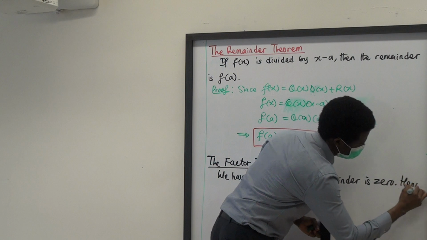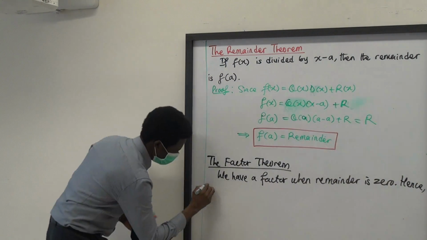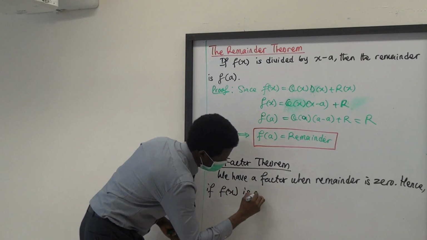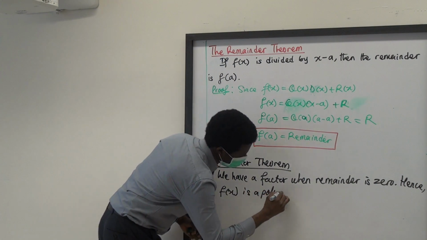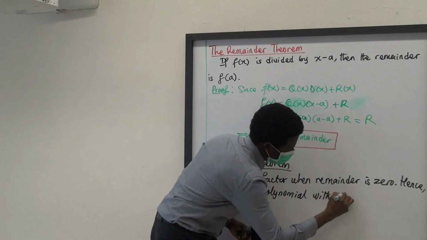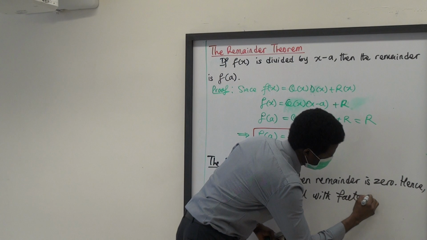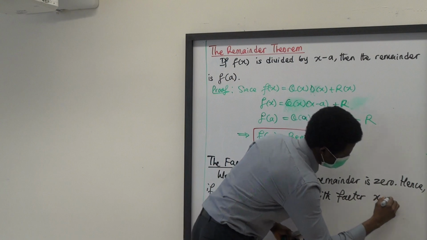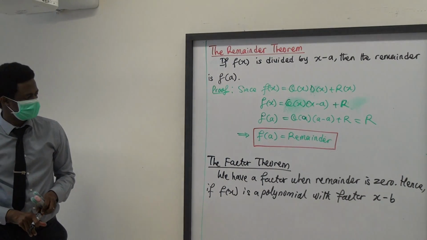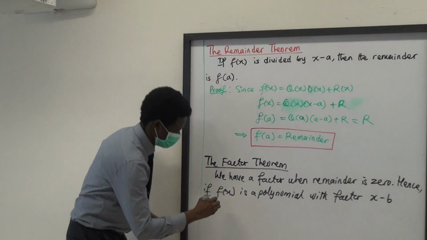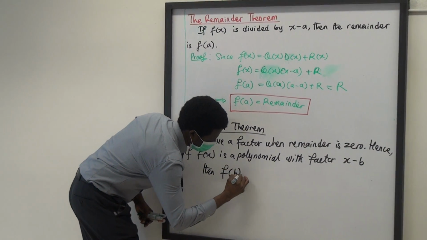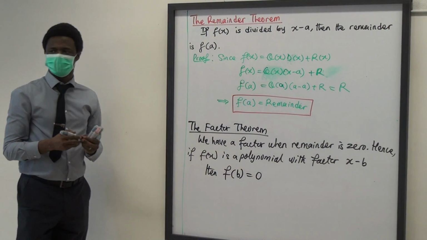So as a result, if f of x is a polynomial with factor x, let's say minus b, so I use a different letter with the factor, then f of b has to be 0.